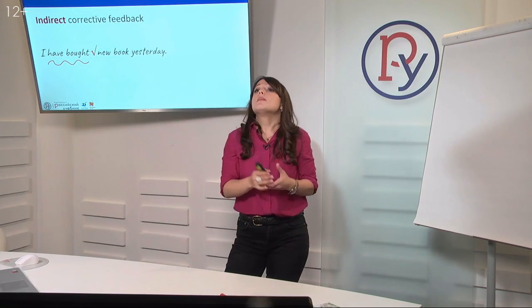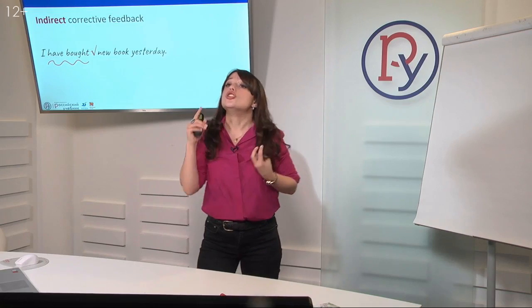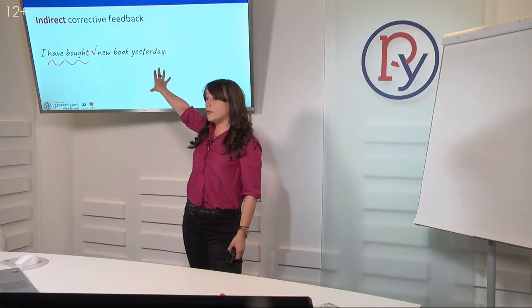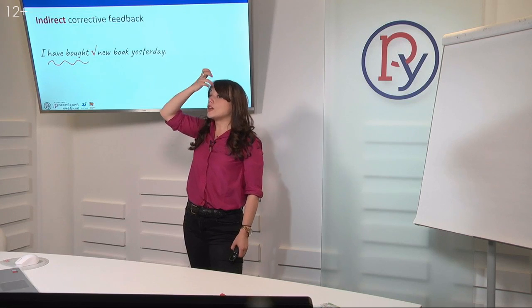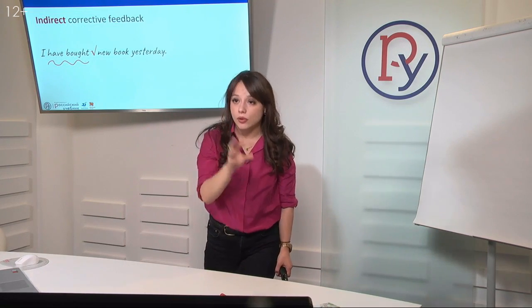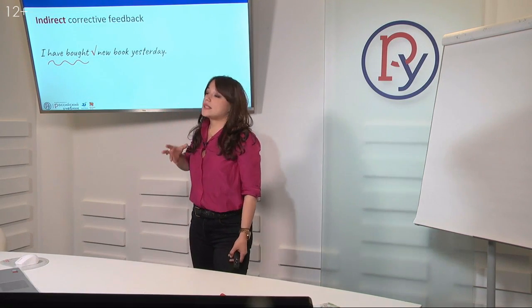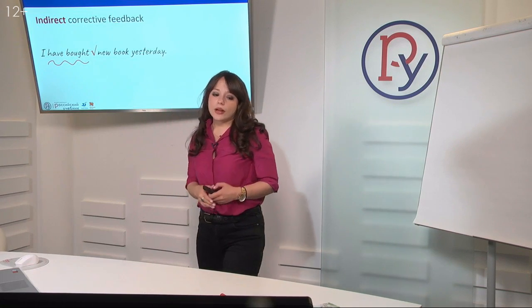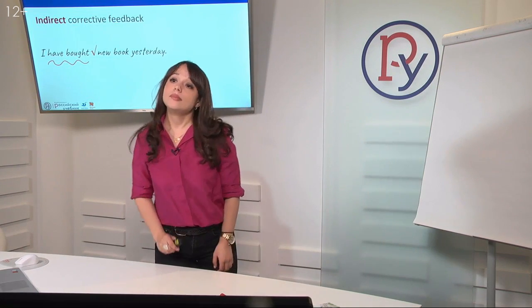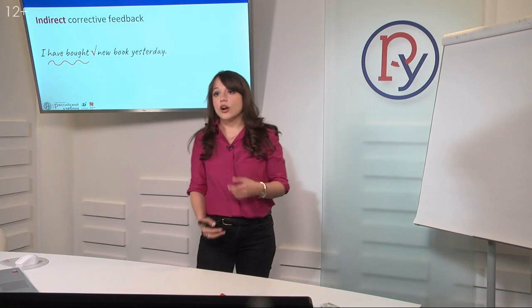When we do it, we make sure that our student knows how to correct it. They correct it themselves. They bring it back to us. Again, when we use this type of feedback, we should also make sure that our student is able to correct it themselves, right?